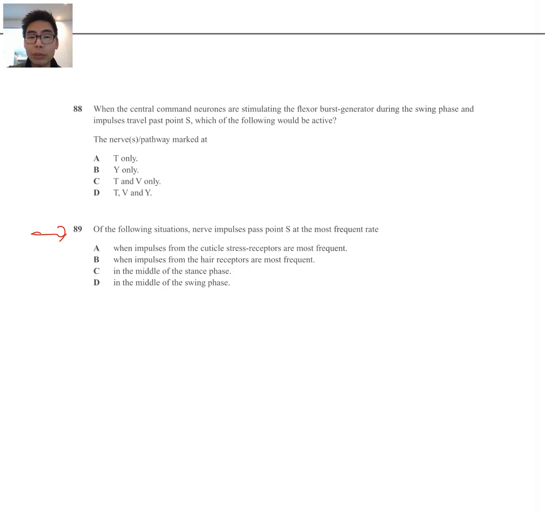But interestingly, if you looked at 88, the previous question, in the actual question stem itself, if you look at it here, when the central command neurons are stimulating the flexor burst generator during the swing phase, and impulses travel past point S, which of the following would be active?